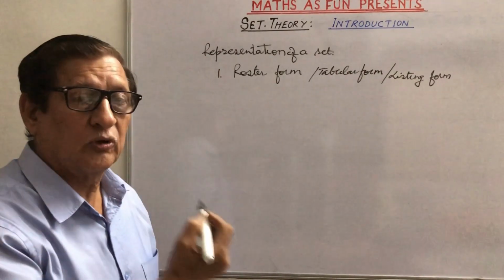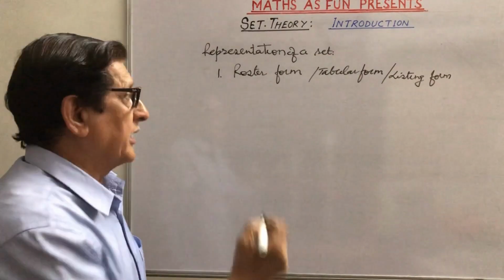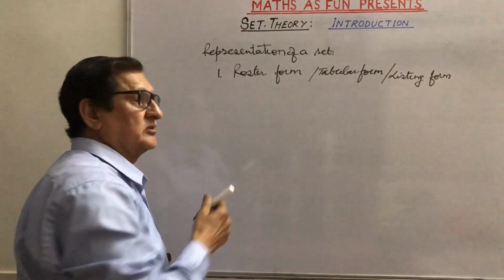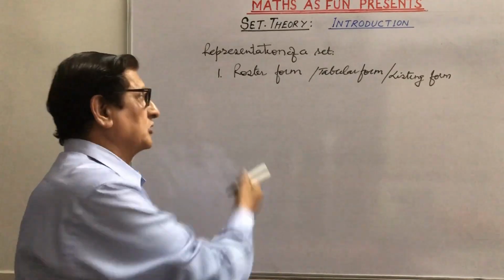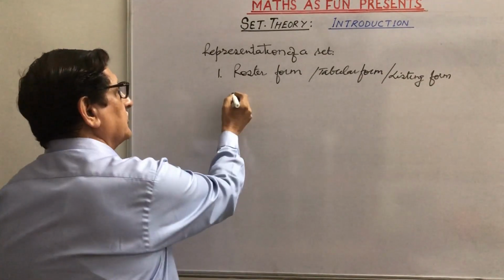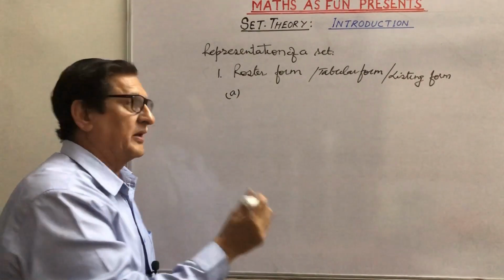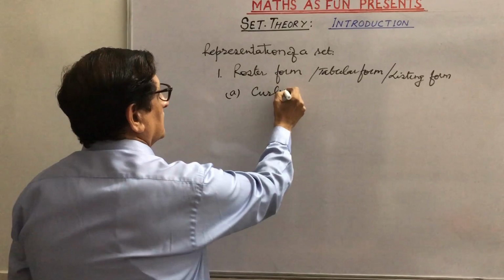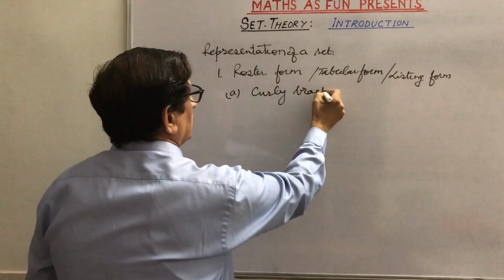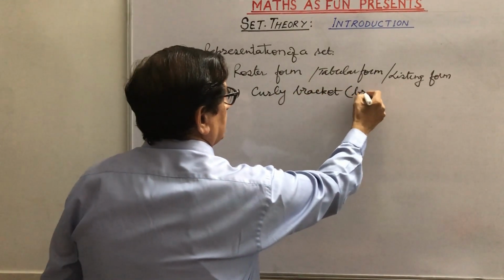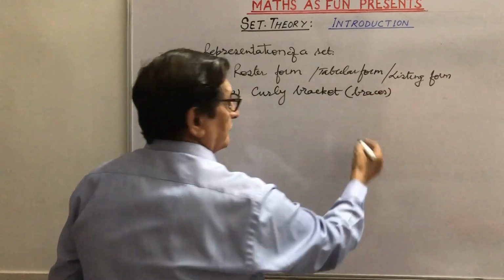What do we have to learn in this? See, anytime we are representing any set in roster form, we have to remember 3 points. Number one is we have to use only curly brackets, or we call them braces. That is this.